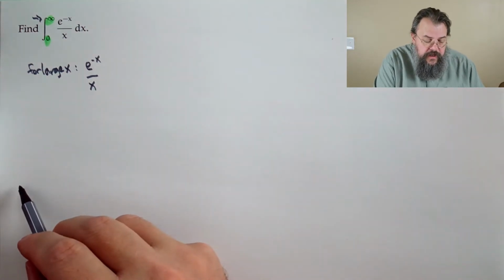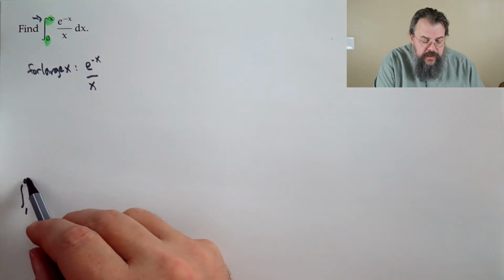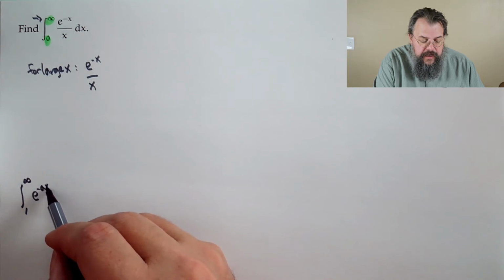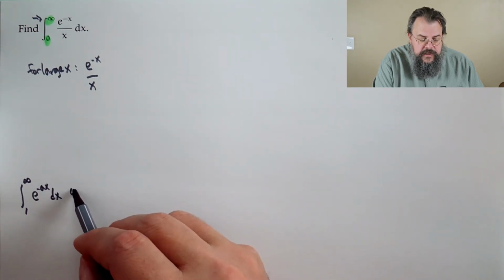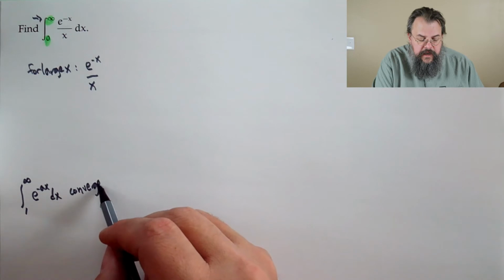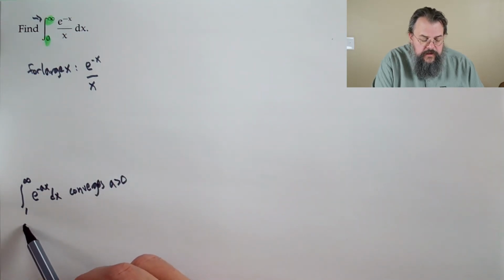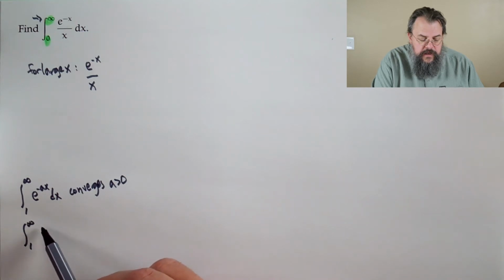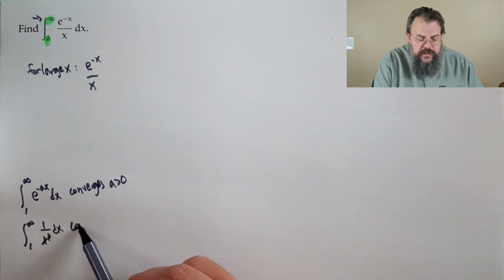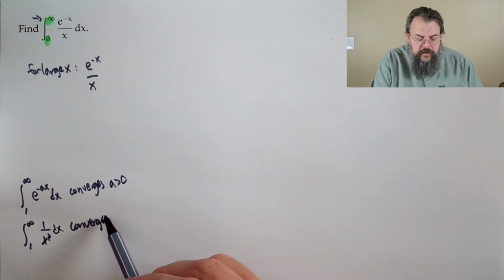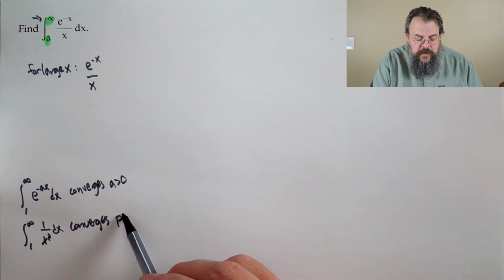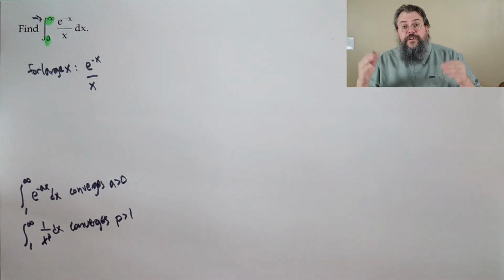So for instance, the integral from 1 to infinity of e to the minus ax dx converges as long as a is positive. And similarly, the integral from 1 to infinity of 1 over x to the p dx converges as long as p is strictly greater than 1.